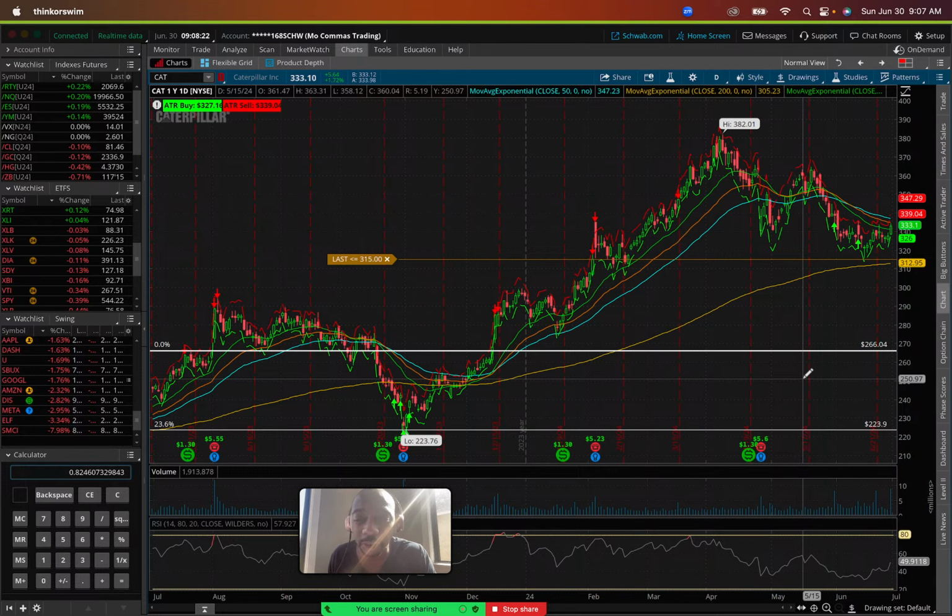If you just think about your own positions, generally, are you going to let something drop 20% on a long-term position? No, you probably would have gotten out by then, especially if you were trading it with options or whatnot. You're probably long gone from this day of 382 all the way down here.